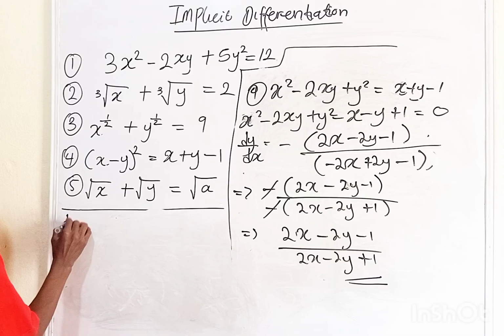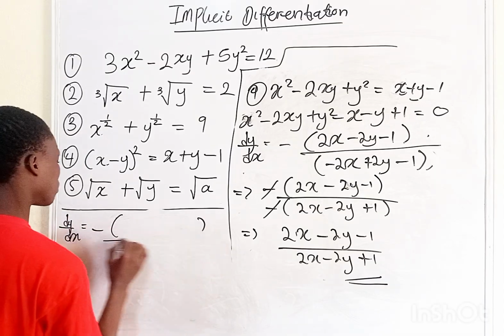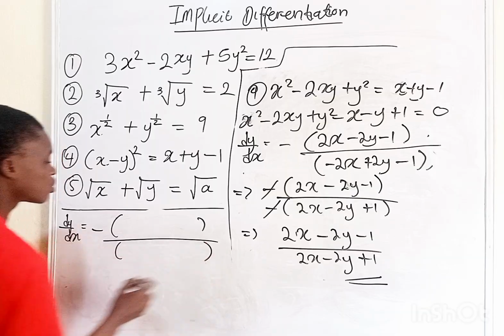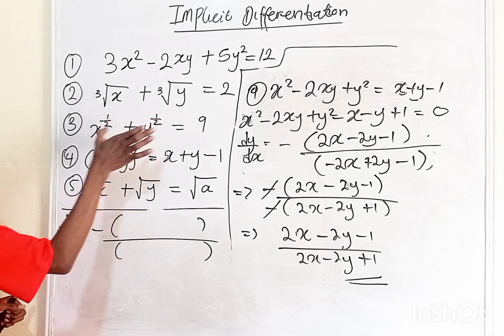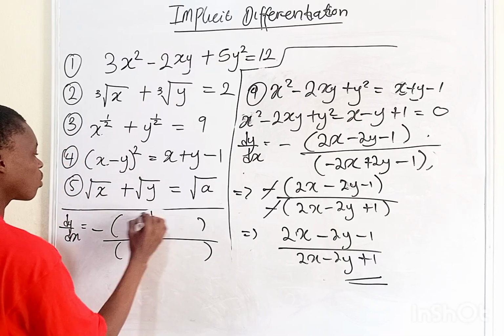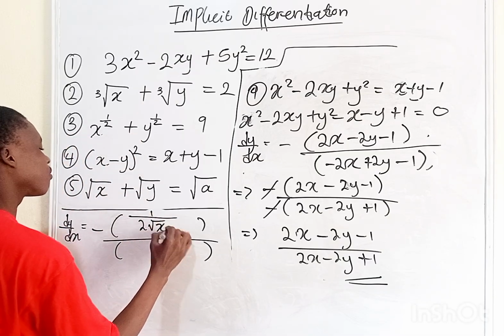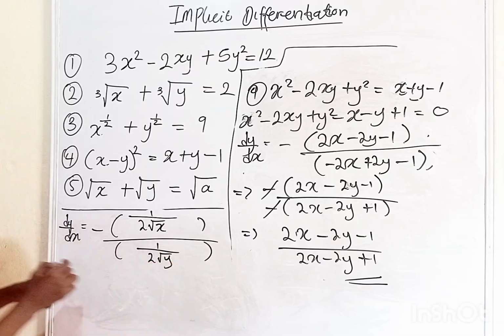First of all, put your dy all over dx equals, put this one, all divided by, put this one and put this one. Now, if you watch well, this thing here is still the same thing as this one that we differentiated, right? So that means if we differentiate this, we'll have that this is 1 all over 2 multiplied by the square root of x, 1 all over 2 multiplied by the square root of y.